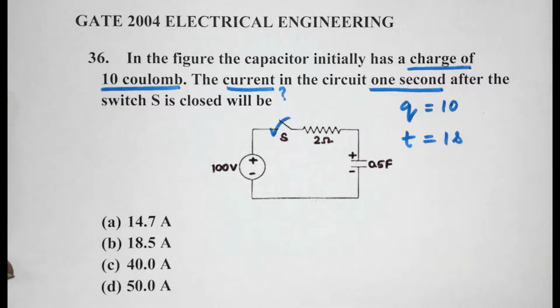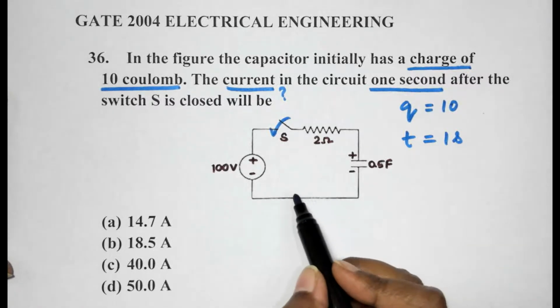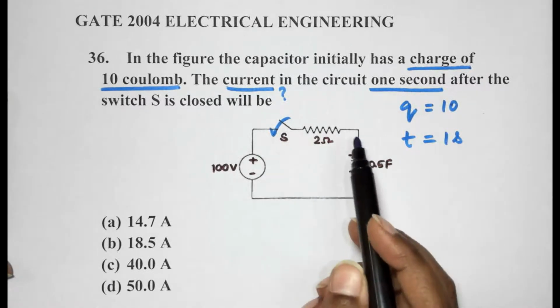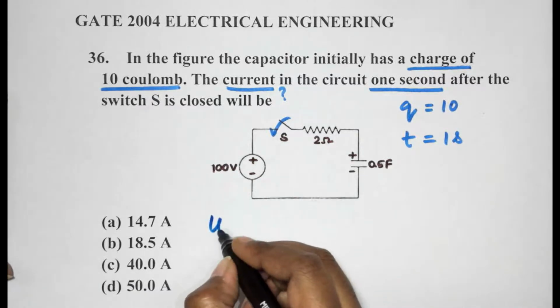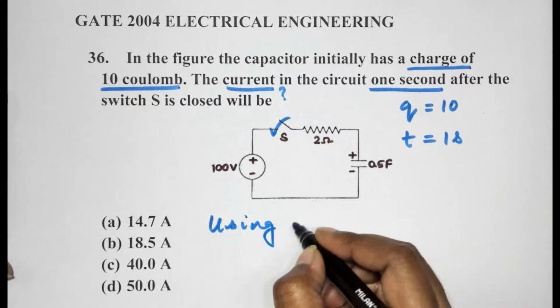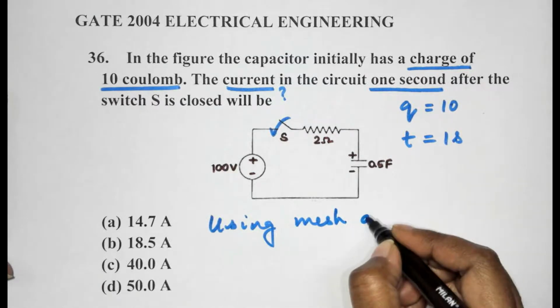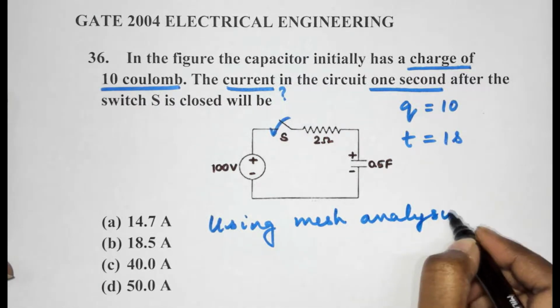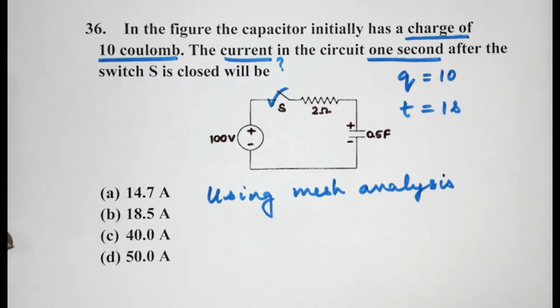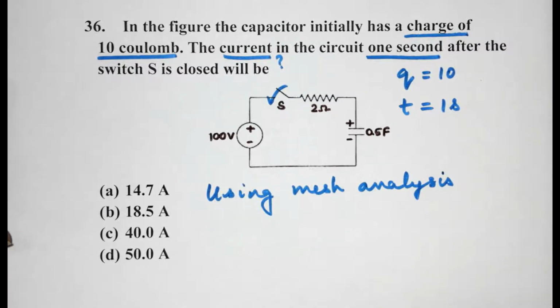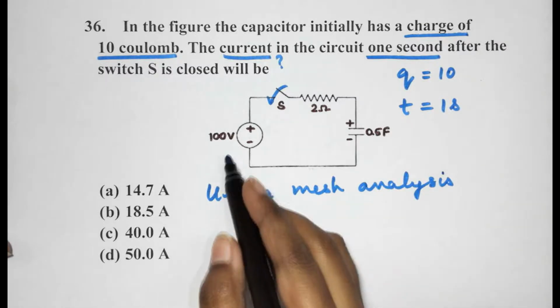Now let's begin by writing down the circuit expression using mesh analysis. We start with the source, 100.